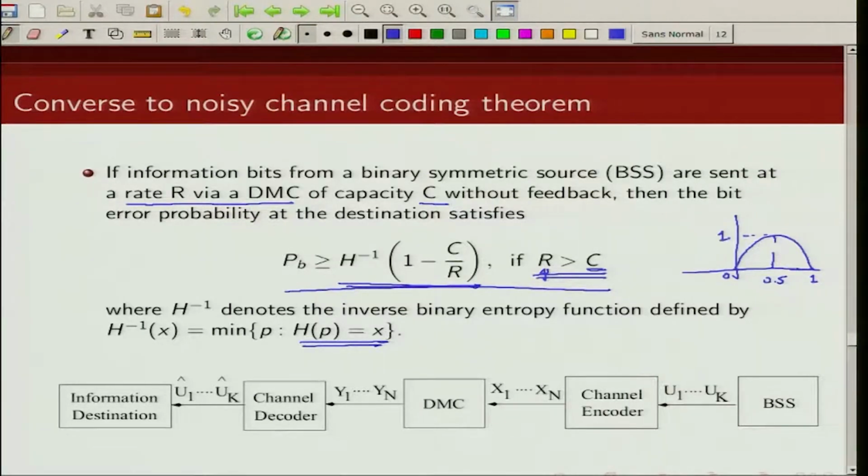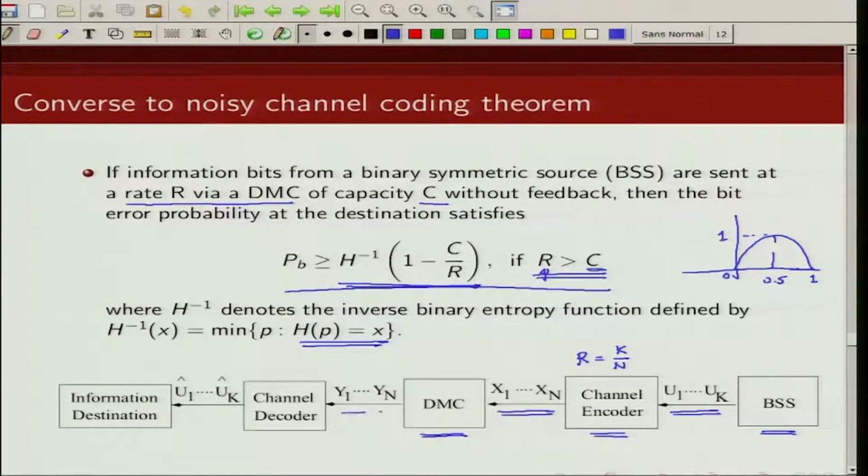Okay. So to prove this result, let us look at the block diagram. So we have a binary symmetric source, the output of that are ui's, u1, u2, u3, uk, and these bits are fed to a channel encoder that generates these code words x1, x2, x3, xn. So the rate of the code is k by n. Now these code words are sent over a discrete memoryless channel.